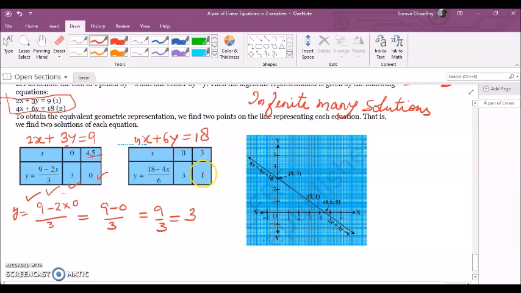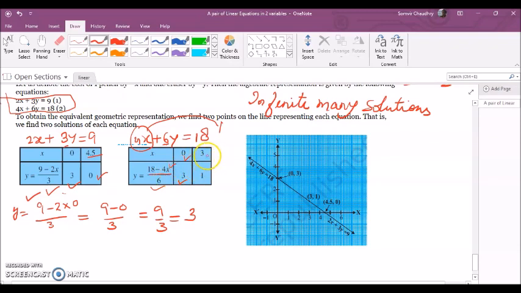In the second equation, if you take 4x to the right hand side, you will get 18 minus 4x, and this 6, which is in multiplication, when we take it to the right hand side, will be in division. So you get y is equal to 18 minus 4x upon 6. Similarly, if you put x is equal to 0 here, you will get 18 minus 0 upon 6, 18 upon 6, you will get 3.